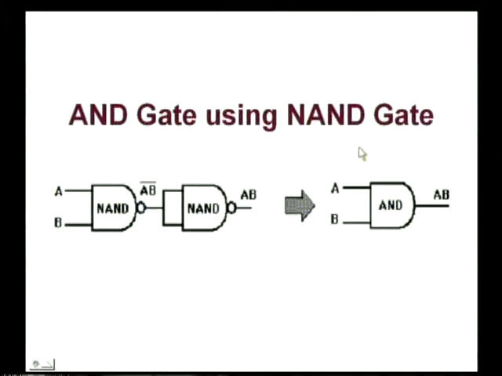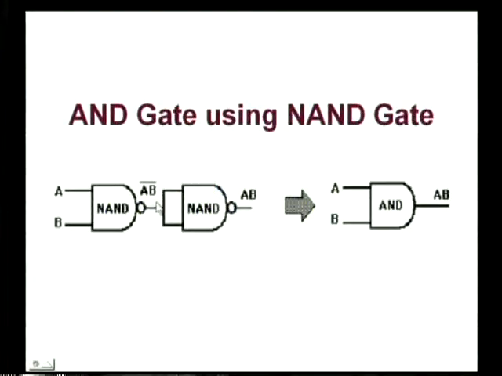See how we realize the AND gate using the NAND gate. The two inputs A and B are applied to this NAND gate, producing an output (A ANDed with B) whole complement. When this is further complemented using an inverter, the double complement is cancelled and we get the output as AB.